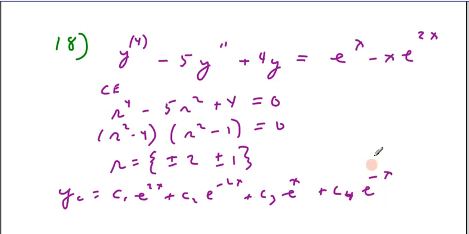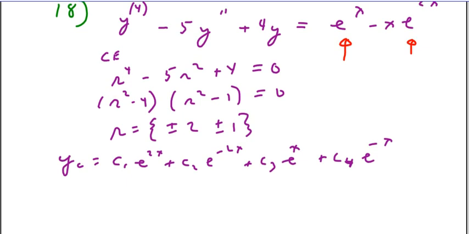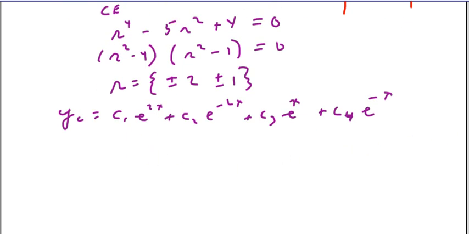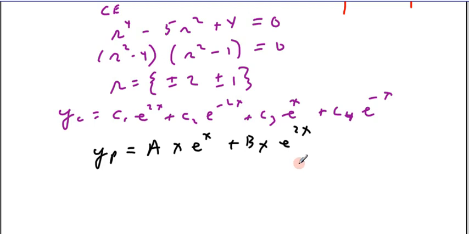Okay, and we notice that in our forcing function we have both the e to the x and an e to the 2x term in there. So that's going to make things interesting. So the first thing you would do is you would think that y sub p should be a x e to the x plus b x e to the 2x, and if you did that you would end up with the wrong answer.